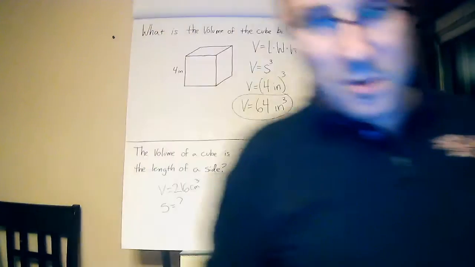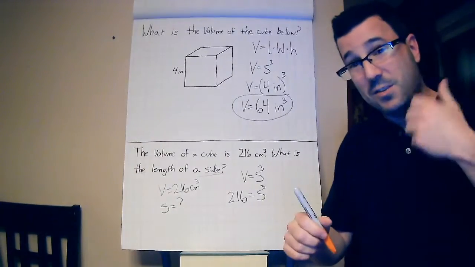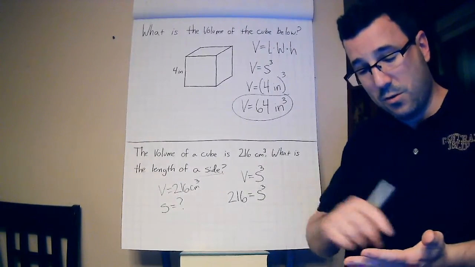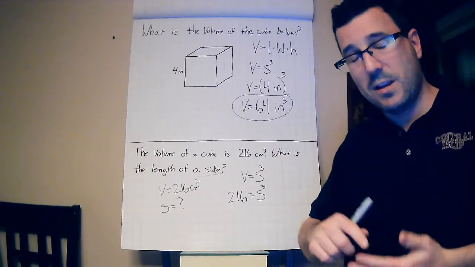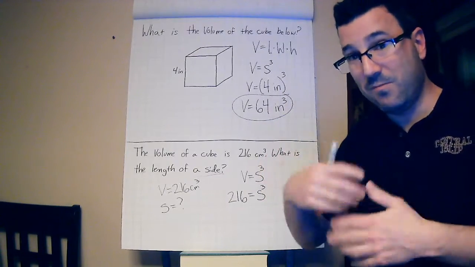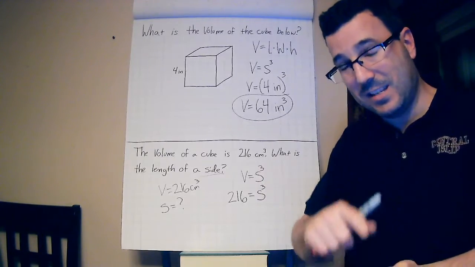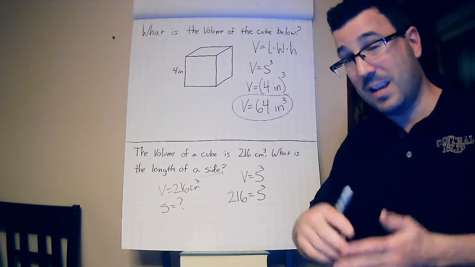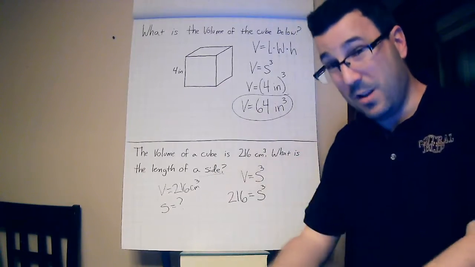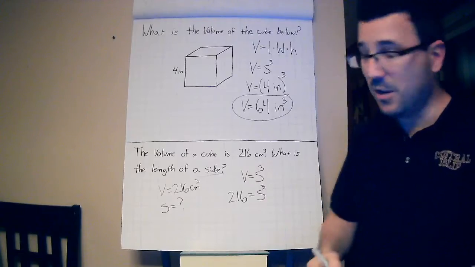What you're going to do, and usually you have to play with this depending on the type of calculator you have, is put in the index, which is what's the root you're looking for. The index first, and then hit second, and then that key, and then put the number in. It's a little complicated. That's why it doesn't usually get used.